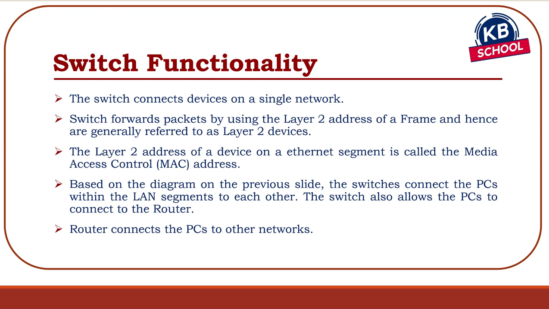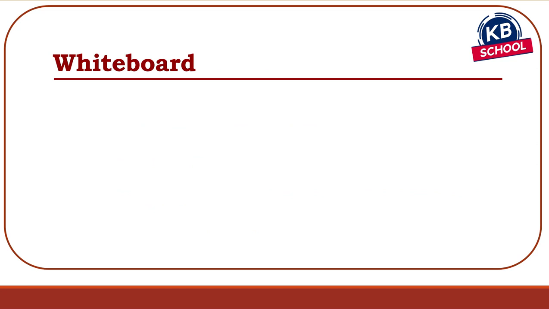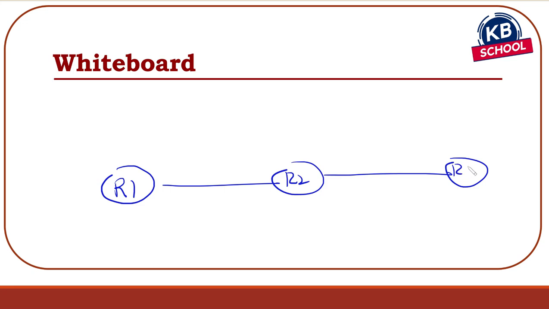When you want to connect different networks to each other, the router's job is to keep a table that keeps track of all the different networks that you have in your company.